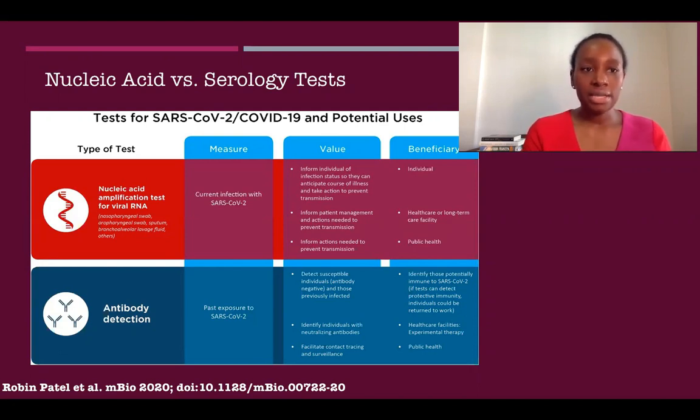So these are the tests that help us to understand, has someone been infected or exposed to COVID-19 and now have antibodies to that? And therefore, are they more immune or at least resistant to more severe disease? And as many of you may have read, many hospitals are now beginning to start screening all of their healthcare workers to evaluate if they have been exposed to COVID-19 or not.